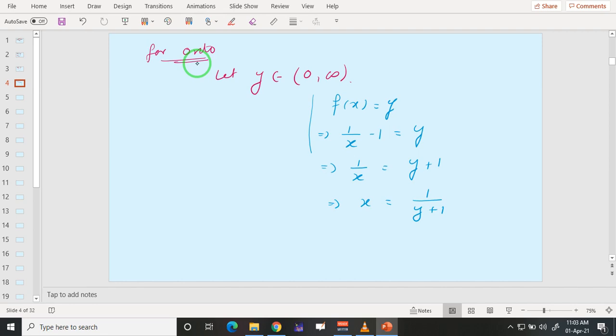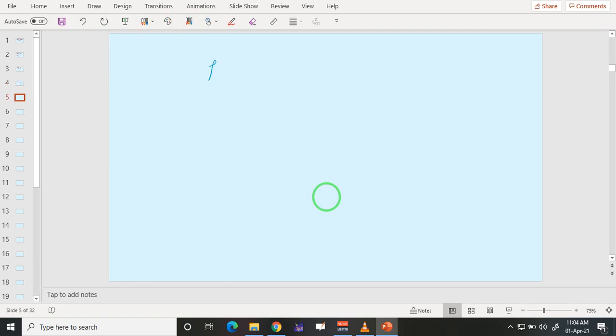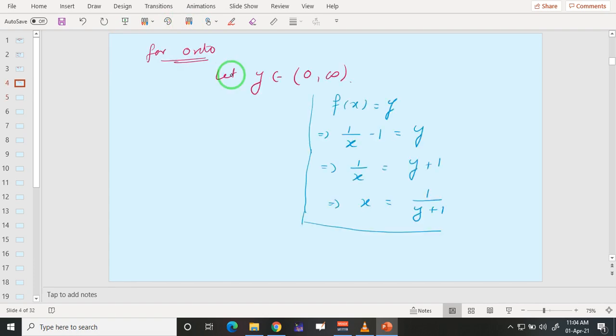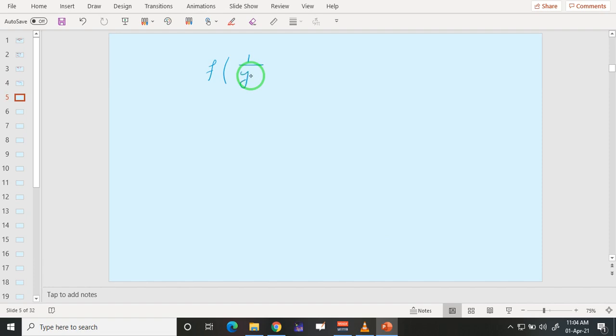If you check the value of f(x), this is the value of x, first one. Second one, let us check what is f(x) here now. f(1 upon y plus 1) we have to check, and this has to be equal to y.